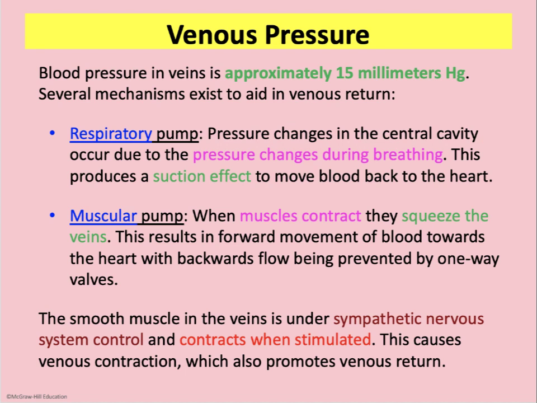As an added measure, the sympathetic nervous system also impinges on the smooth muscles lining the veins, and when activated, that causes contraction and reduction in the diameter of the veins, forcing blood back towards the heart.